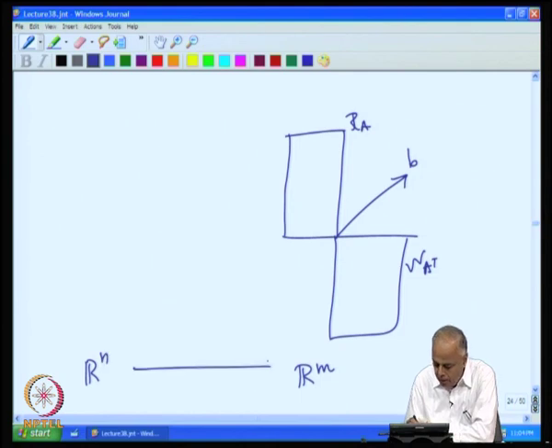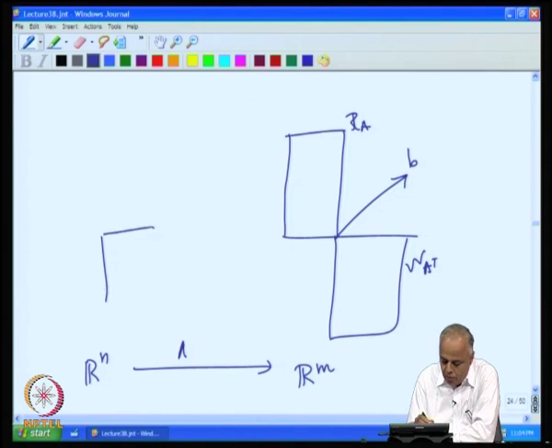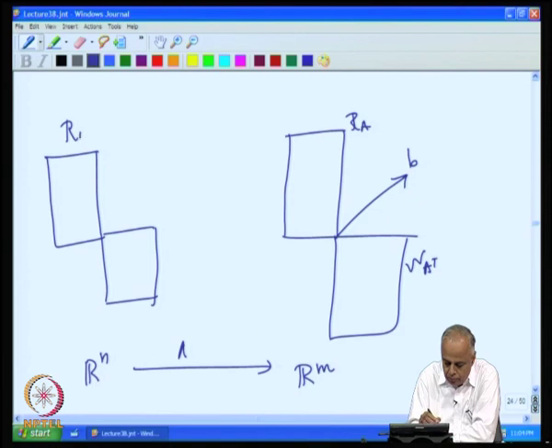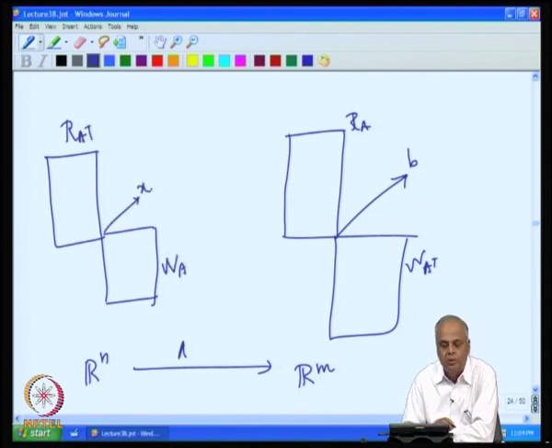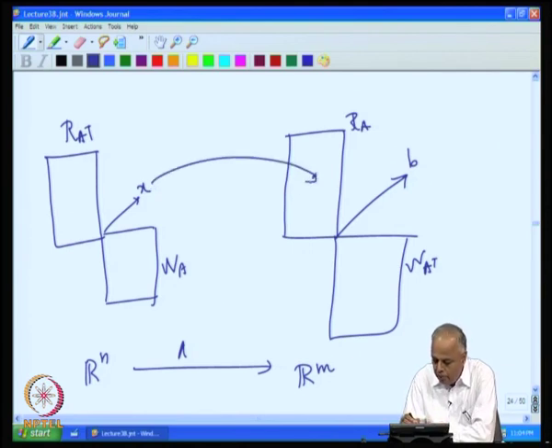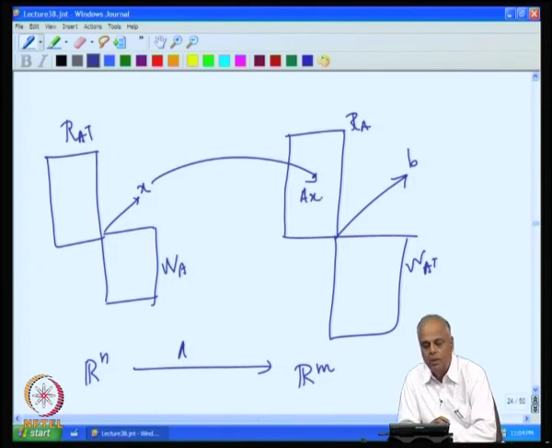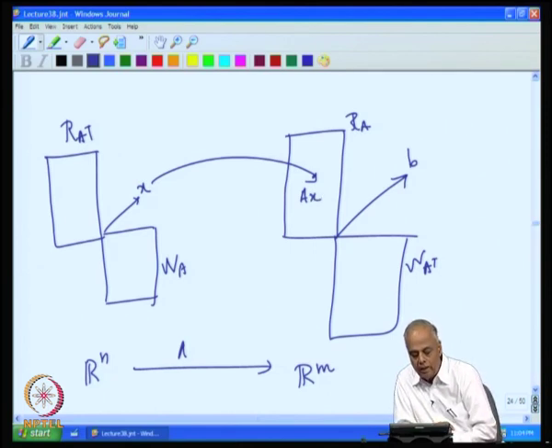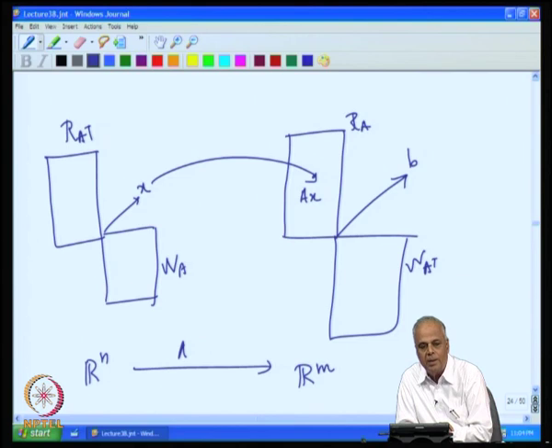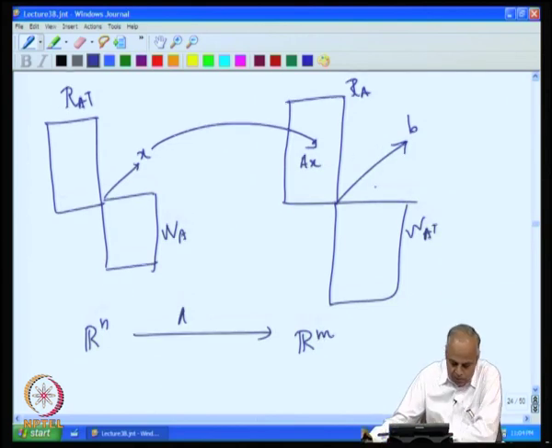We have R n, and A takes vectors from R n to R m. If we take any vector x in R n, A x will always fall in the range of A, but since B is not in the range of A, B will not be equal to A x.